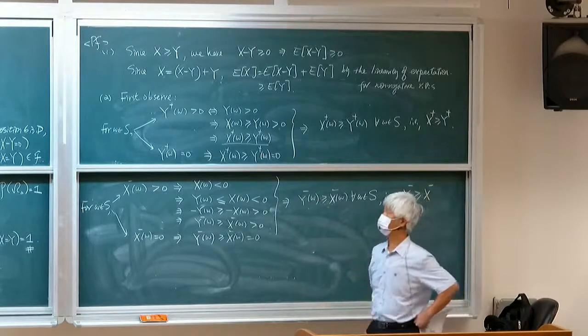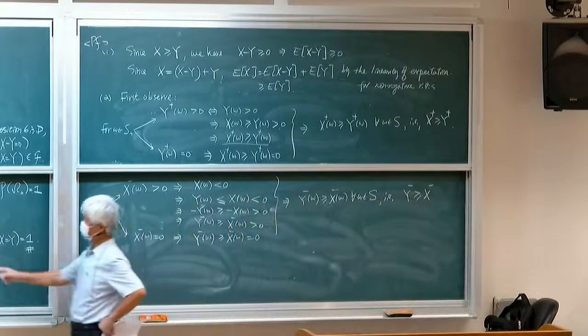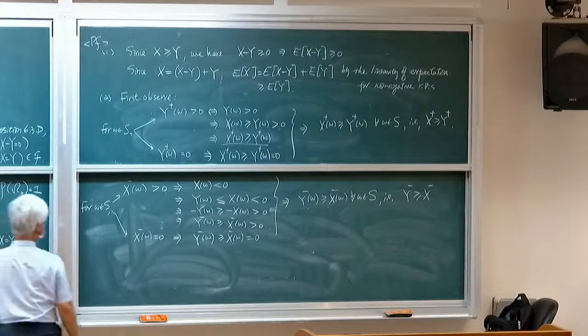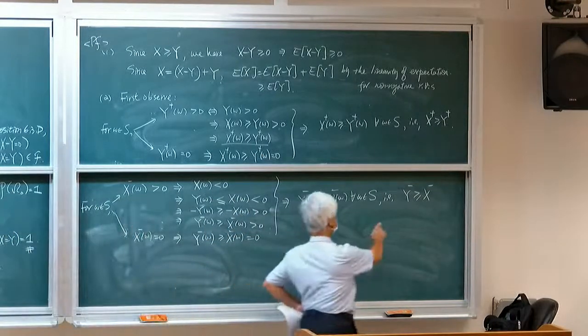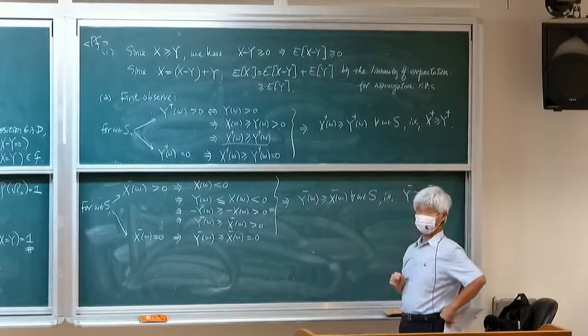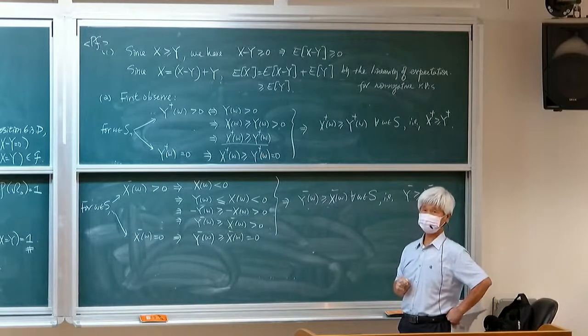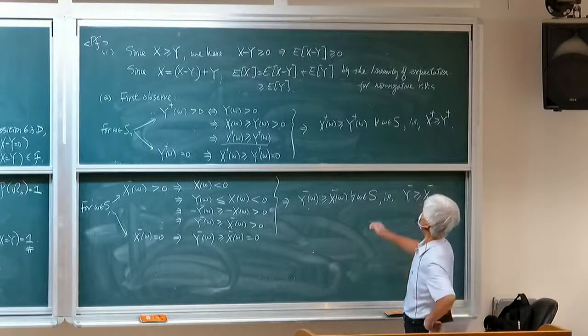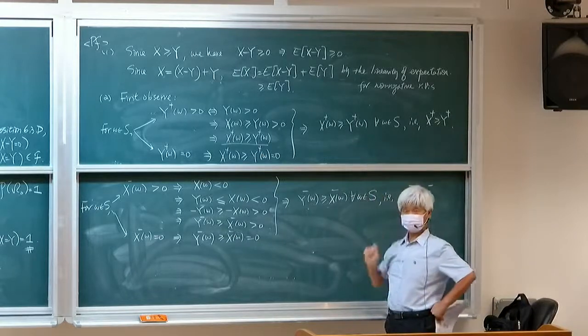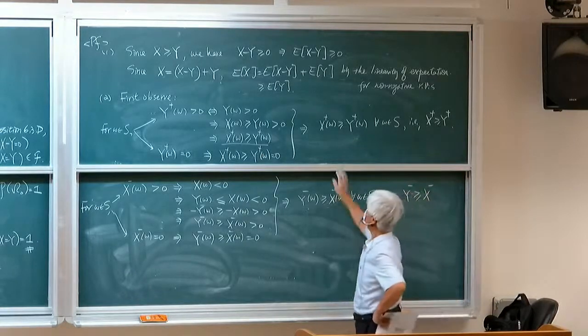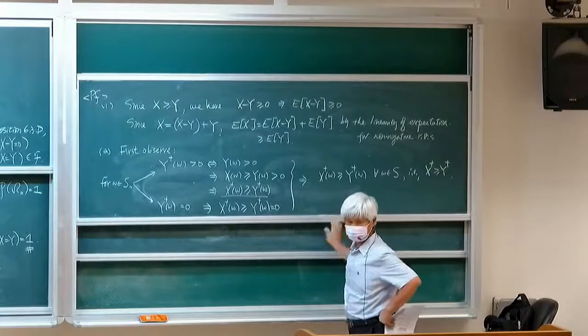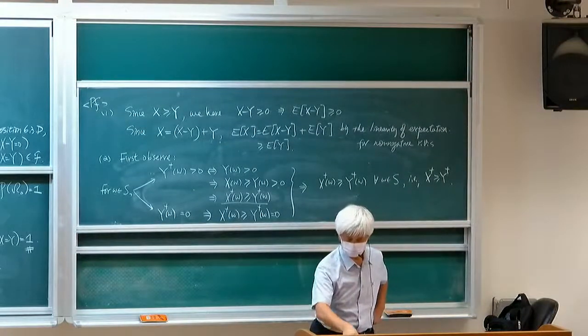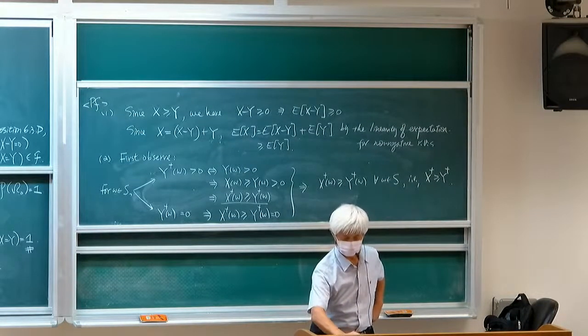So when x is greater than or equal to y, the negative part of y is greater than or equal to the negative part of x, contrary to the positive part. Very interesting.